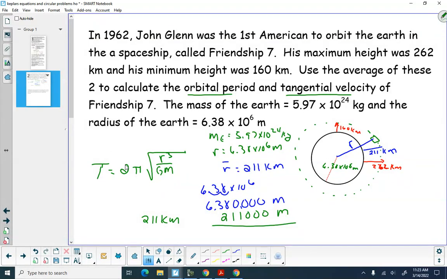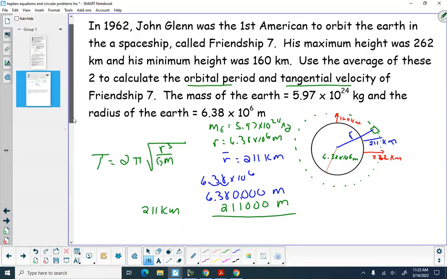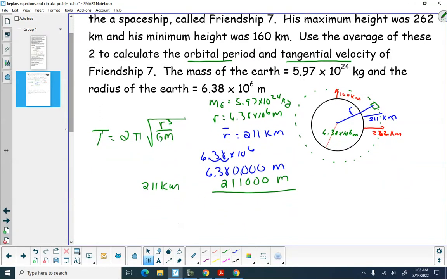You have 211,000 meters. So our radius of rotation for the spaceship is 6,591,000 meters.